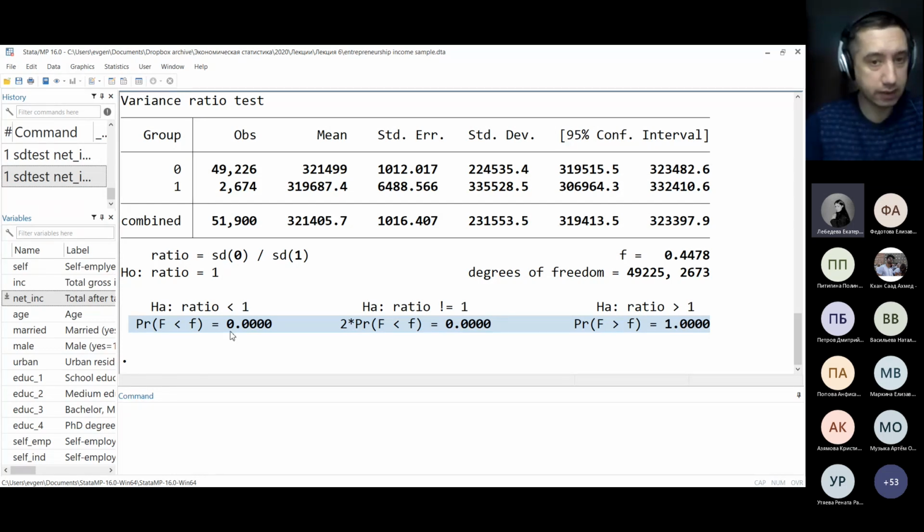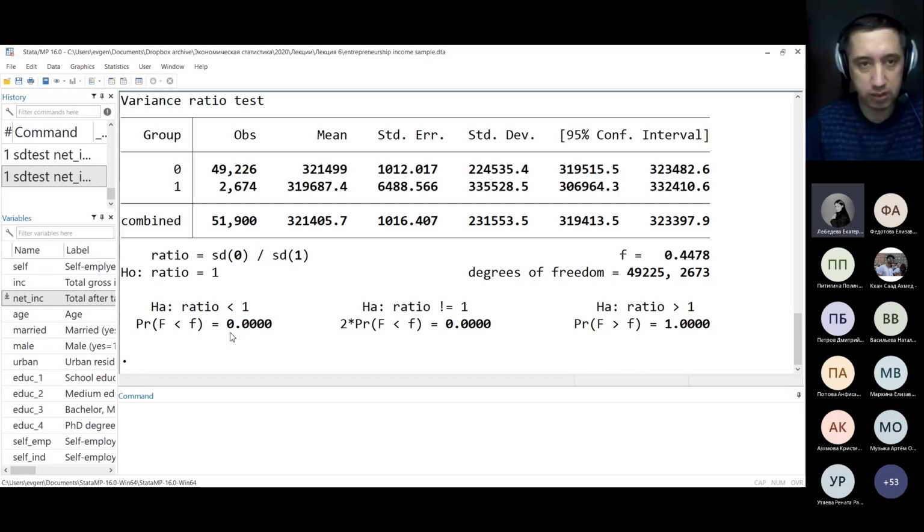We see that here the p-value is 0, and here it is 0. First, we should state that at least these variances or standard deviations are different, because this p-value is smaller than any alpha we use. They are different at the 0.01 level. Moreover, if we look at the left and right alternative hypotheses, we see that the p-value here is also 0.